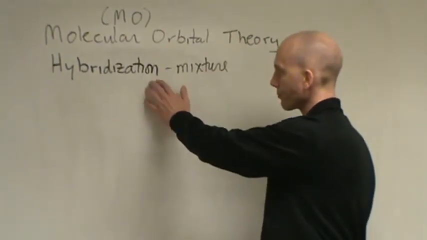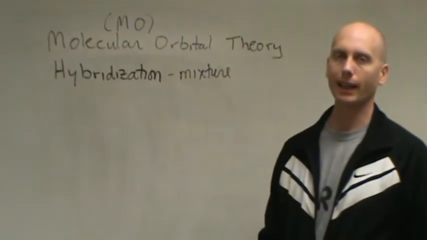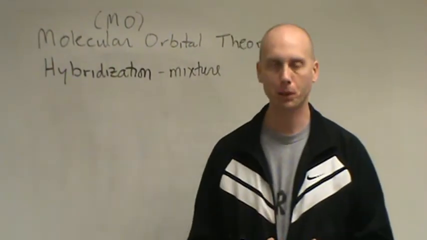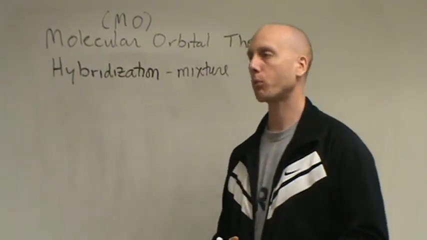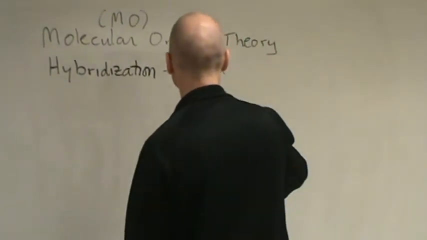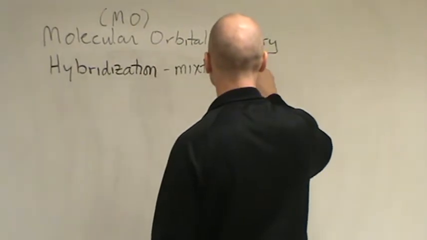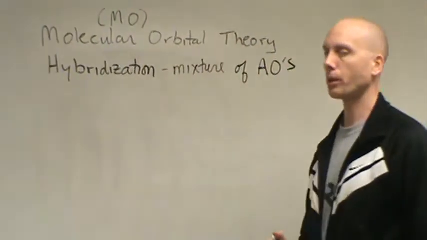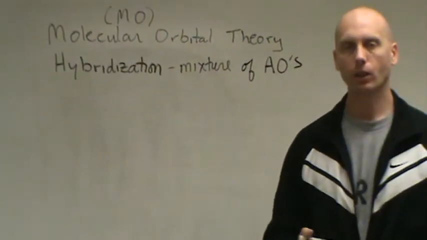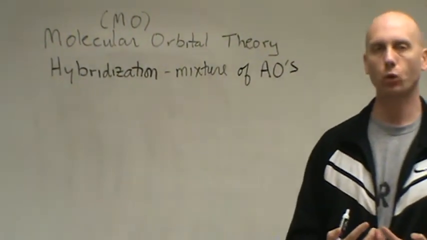But here, in bringing this back to organic chemistry, we're not going to be mixing people. We're not going to be mixing metals. Instead, what we're going to do is mix atomic orbitals.